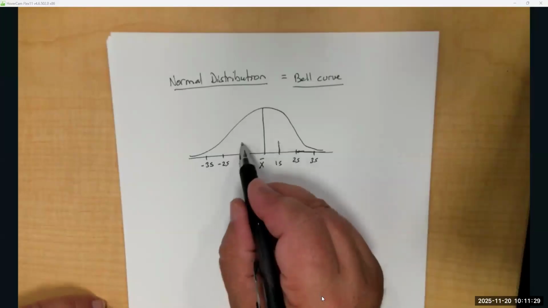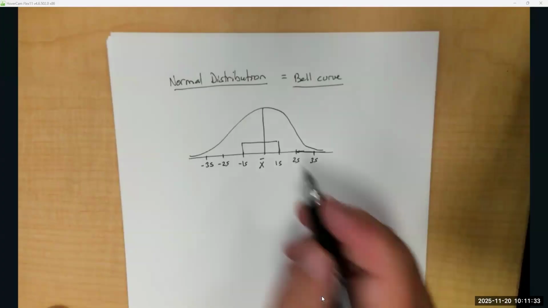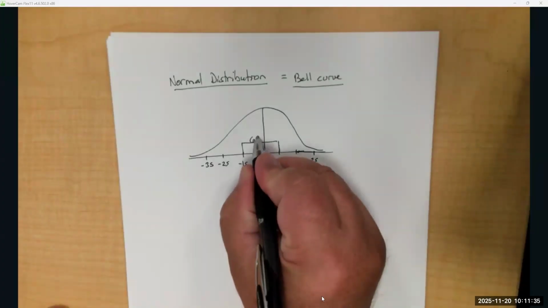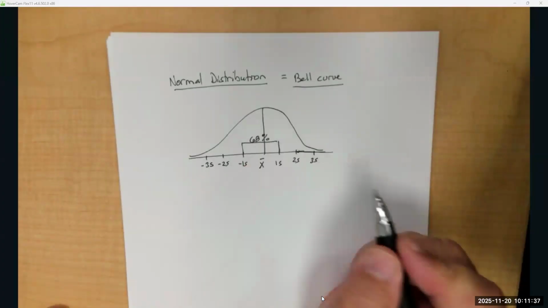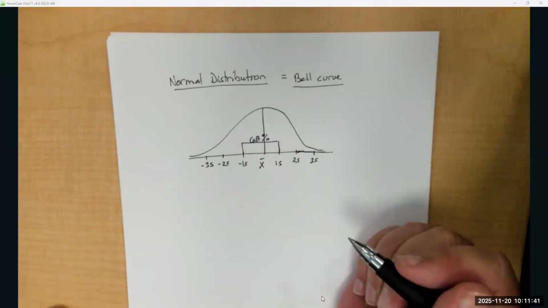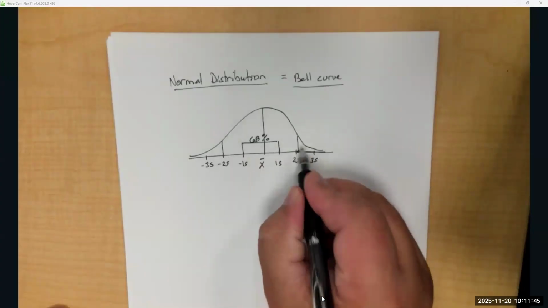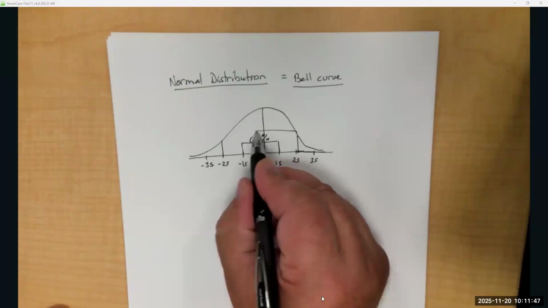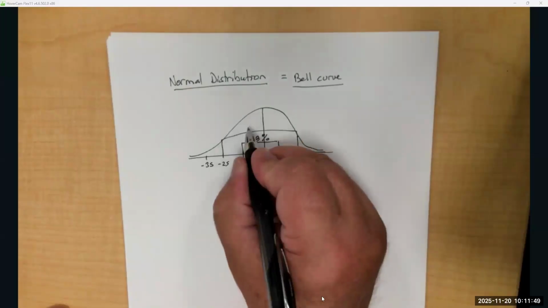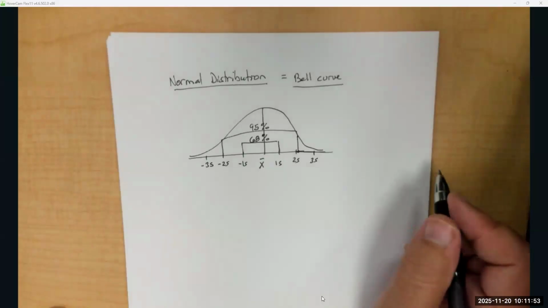So within one standard deviation from the mean, 68% of our data fall within that. Within two standard deviations, 95% of the data fall within that.